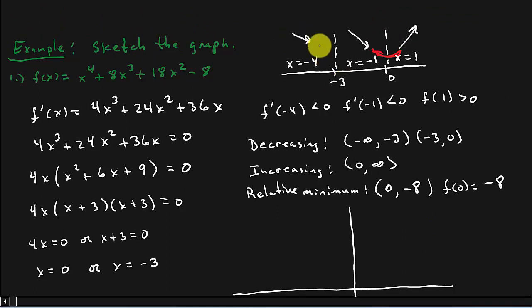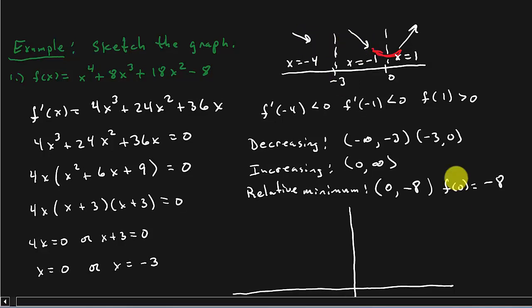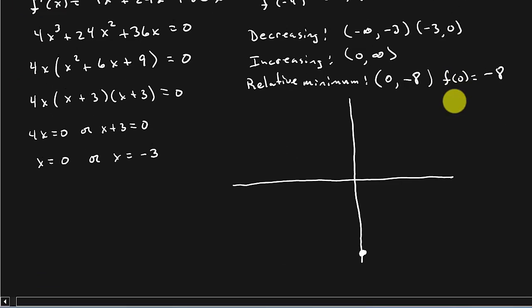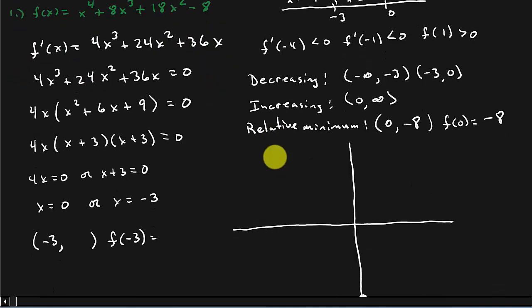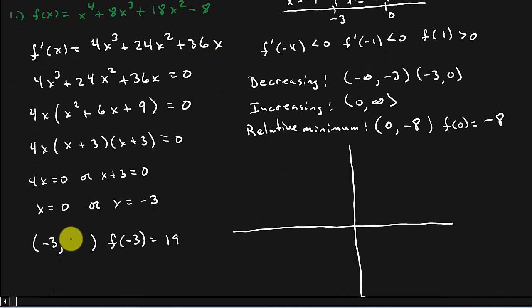It would be a critical point. It's not changing. There's no relative max or min there, but it would be nice to know what the coordinates are. So if I plug negative 3 into f, I believe I get 19 as an answer.